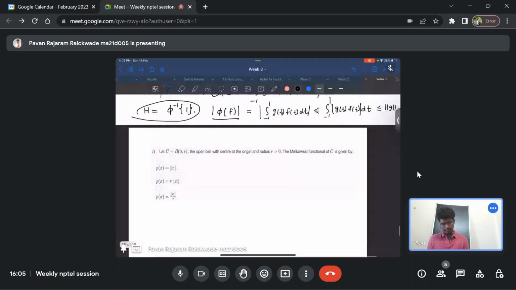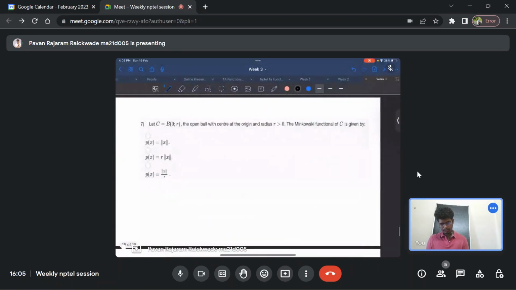Question number 7. C is the open ball with center at origin and radius r. The Minkowski functional of C is given by which option?